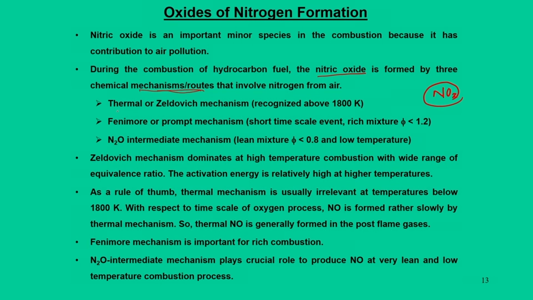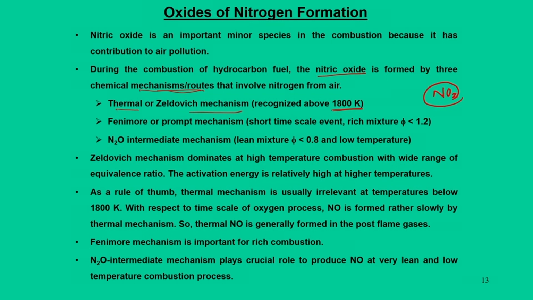First one is the thermal mechanism, or in a scientific way we call this the Zeldovich mechanism, and this thermal mechanism we will recognize only when the temperature is above 1800 Kelvin. It means that during a reaction process, when the temperature is above 1800 Kelvin, thermal or Zeldovich mechanism dominates.